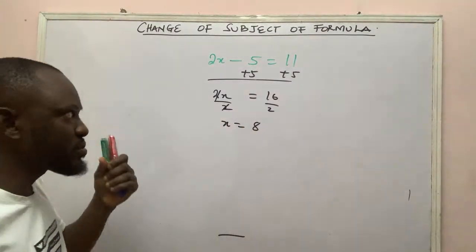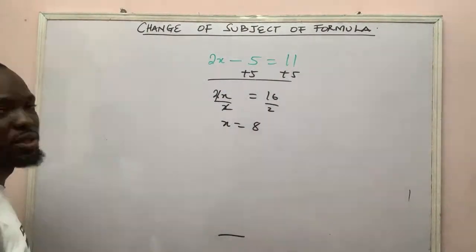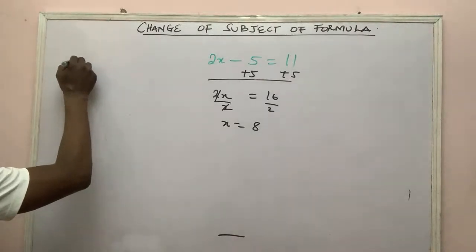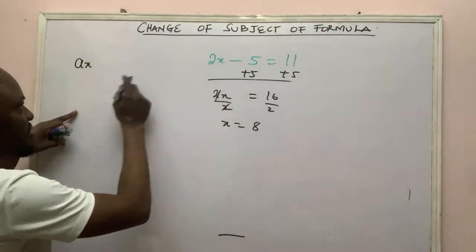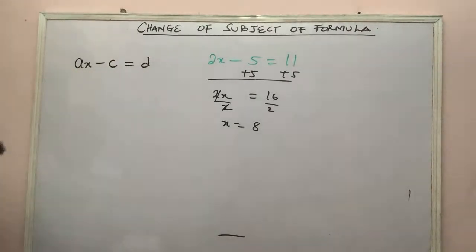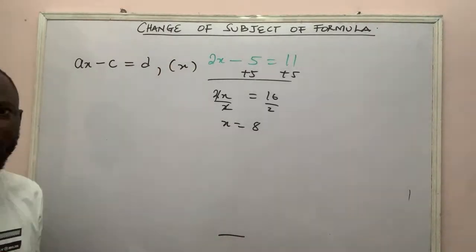So now, let me change the mode of the question. Let's presume we have ax minus c equals d. Now the question says we should make x the subject of the formula.